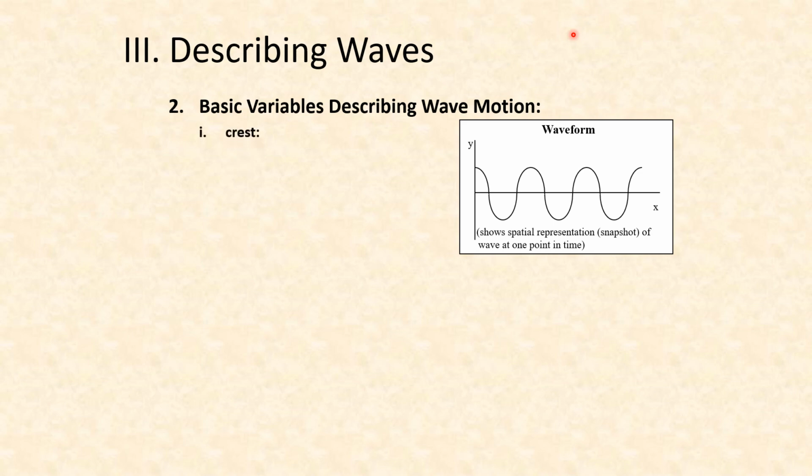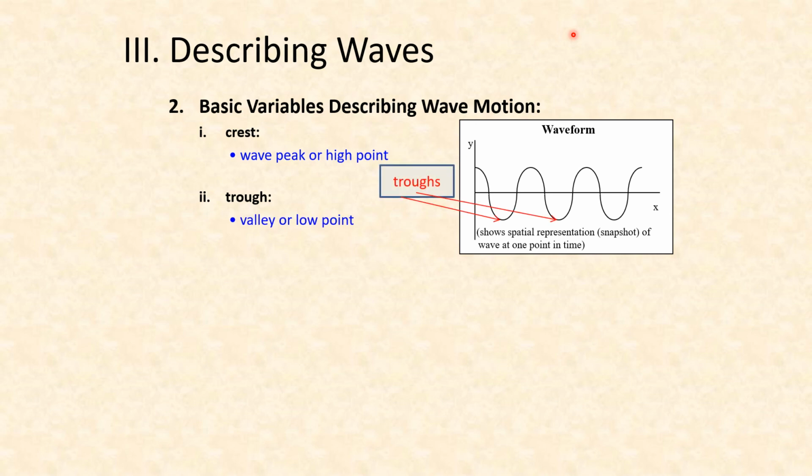So on this waveform, we will start by identifying what we call the crests, or the wave peaks or high points on the wave. So here I'm showing you two successive wave crests on the wave. Similarly, we can talk about the wave troughs as being the valleys or the low points on the wave. So here are two successive wave troughs.